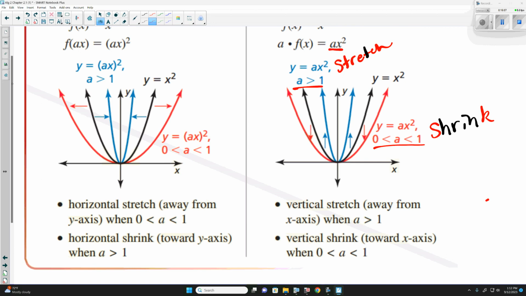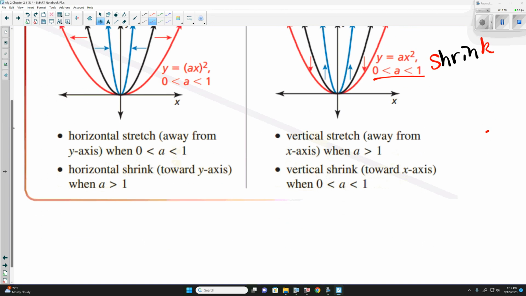Horizontal stretch when a is between 0 and 1. In the function, when the number is between 0 and 1, it's a stretch. It's a shrink when it's greater than 1. Again, this is talking about inside the parentheses. As we already said with our left and right movement, it's the opposite of what we think, yes?